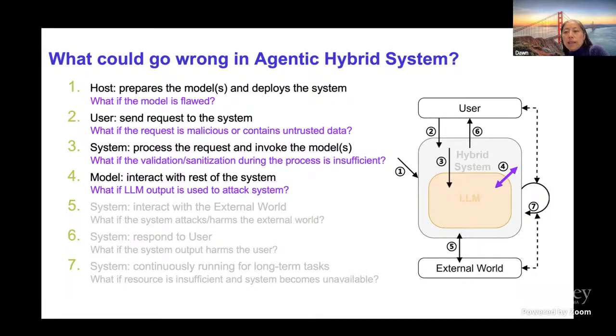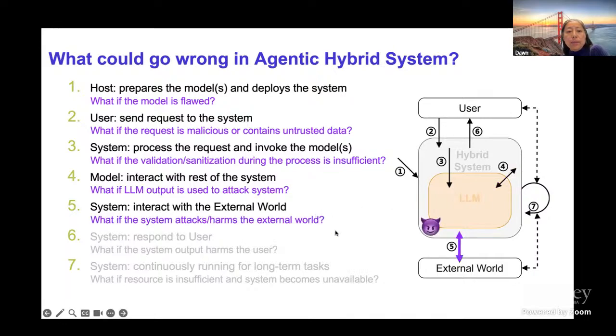Then this can cause further attacks on the rest of the system. So this either could be because the LLM has been attacked due to malicious inputs, or the LLM simply misbehaves given the LLM's own unreliability or other vulnerability and so on.